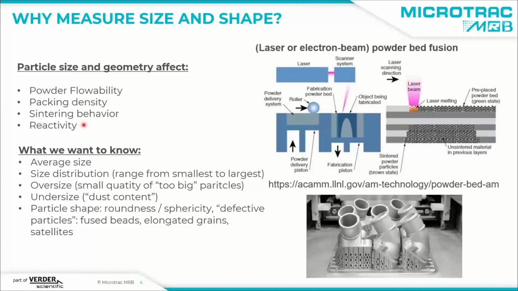Imagine you're using your metal powder in an additive manufacturing process where you have your workpiece built layer by layer. You always have one layer of powder added and then flattened out, and then a new layer is sintered by a laser beam or an electron beam.